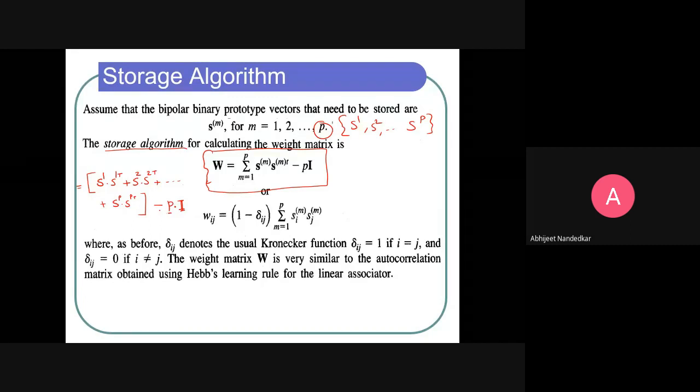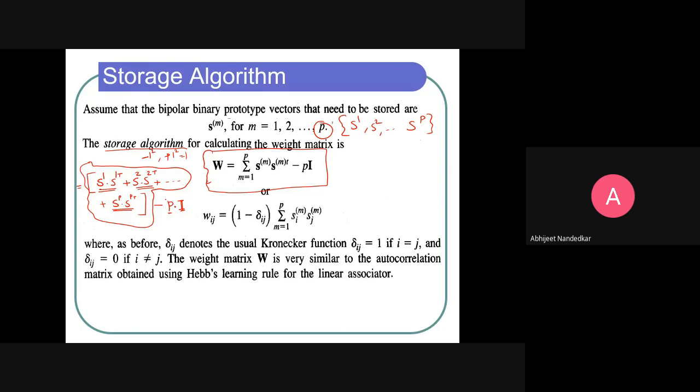When you do the calculation here, the diagonal elements are all ones for each of these products, because it is just like a square, and the square of -1 and the square of +1 are the same, that is 1. So on the diagonal all elements are 1, and these ones are added p times, so the diagonal of the summation is p.